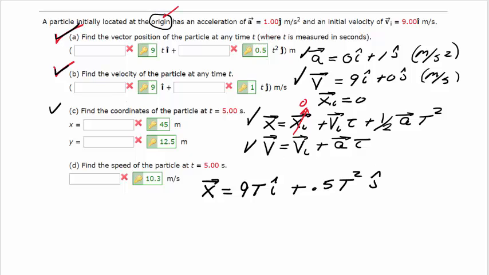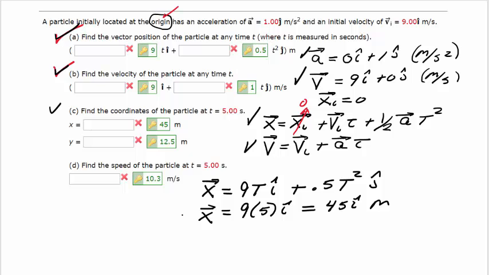This one says find the coordinates of the particle at 5 seconds. Well, in the i hat direction, I would just put the 9 and multiply it by 5, and that's going to give me 45 i hat. And again, we're talking about in the units of meters.